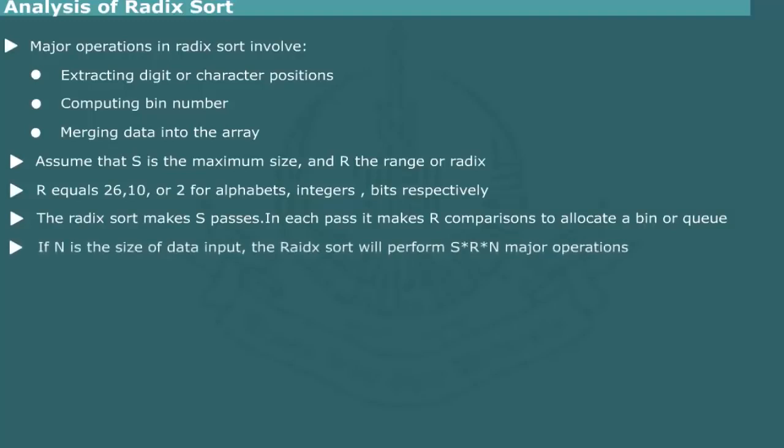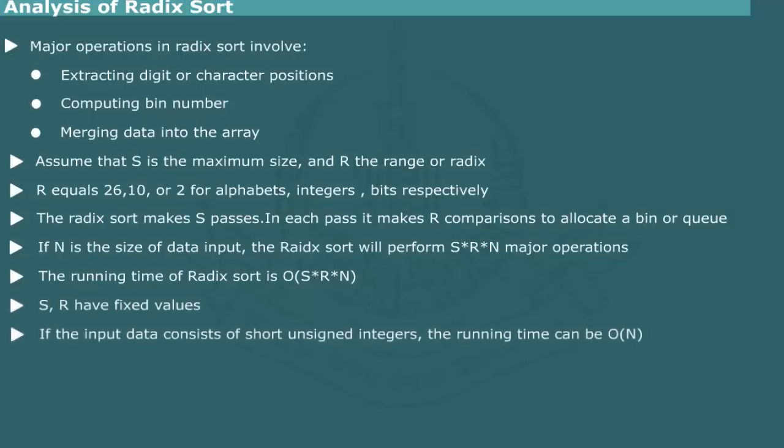If n is the size of data input, altogether a total number of S × R × n major operations would be performed. Thus, running time of radix sort is O(S × R × n). S and R have fixed values.